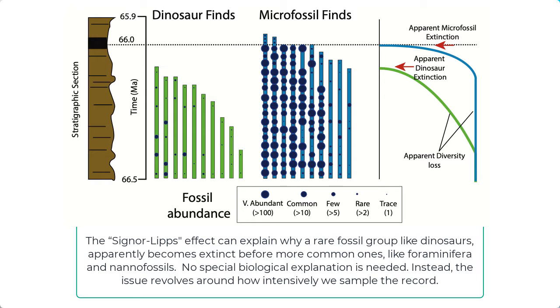The bottom line is that dinosaurs are quite rare compared to foraminifera, so it's hardly a surprise that dinosaur extinction looks more protracted than that of the microfossils. Therefore, oceanic microfossils, by virtue of their abundance, give a better idea of the true timing of extinction than the dinosaurs do.